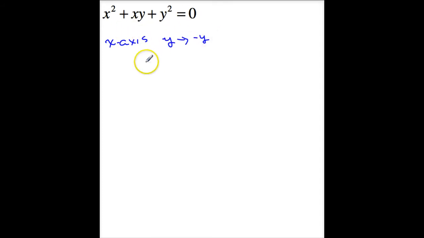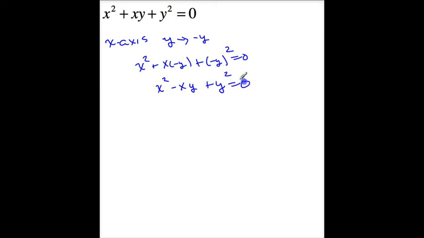So this becomes x squared plus x times negative y plus negative y squared equals 0. So this is x squared minus xy plus y squared. This is not the same equation as I started, so no. It is not symmetrical with respect to the x-axis.